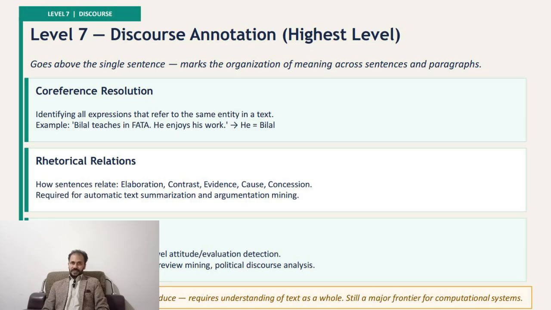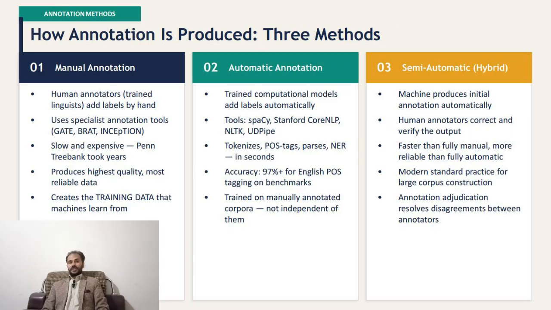Is this sentence connected to the previous one or against the previous sentence? Discourse annotation is the most difficult and expensive to produce because it requires deep understanding of the text as a whole, exactly the kind of understanding that computational systems still struggle with.